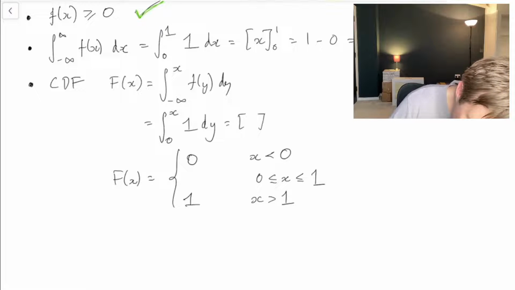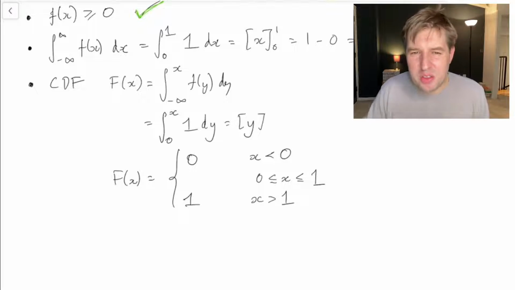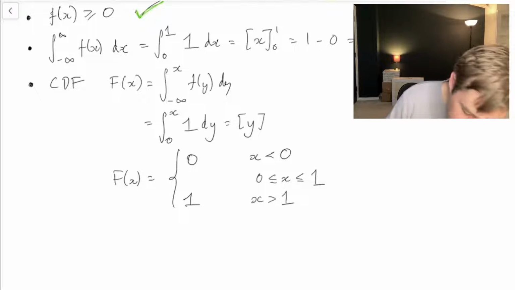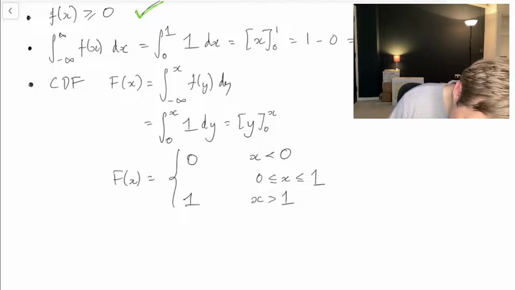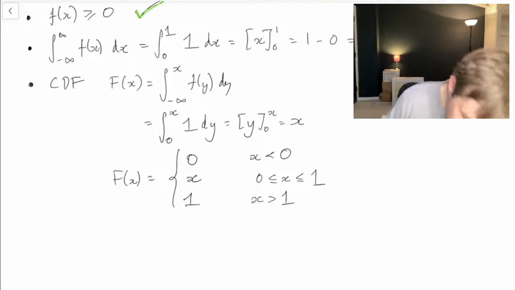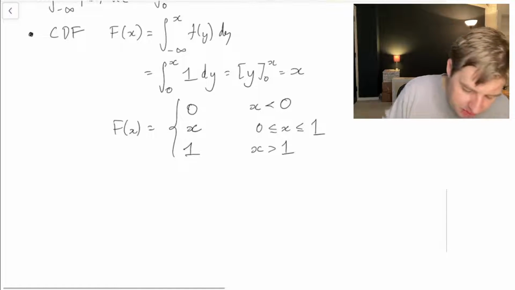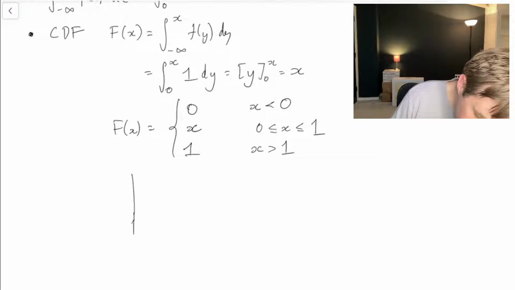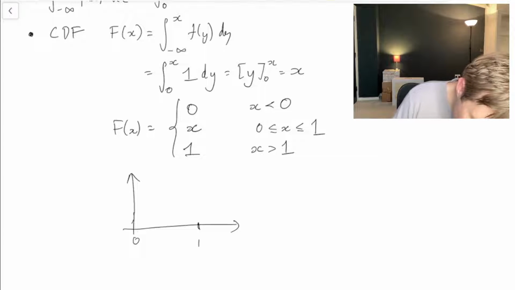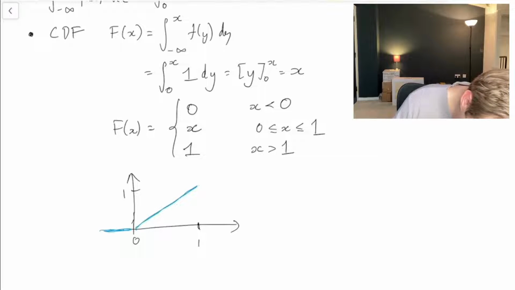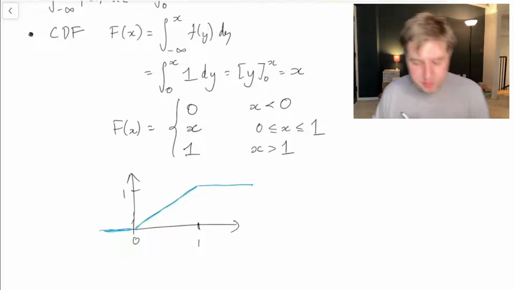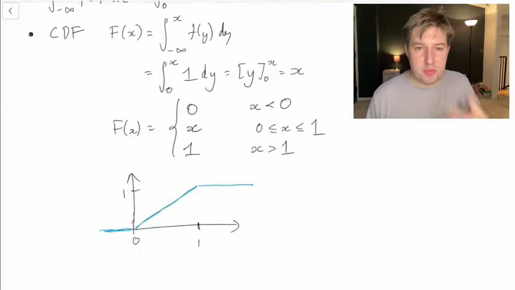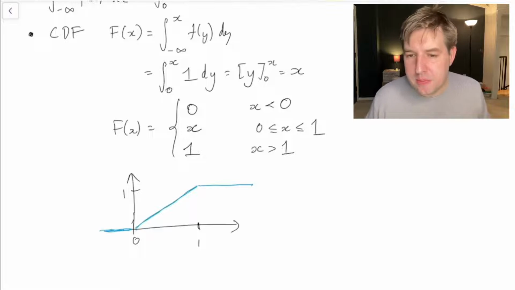I just didn't want to use x twice. x is in the limits of the integral, so it ought not be inside the integral as well. Between 0 and x, that gives us x. So that's the cumulative distribution function. We can plot that: it's 0 down here, then it's x, then it's 1. So that tells us the probability of being less than or equal to that number.